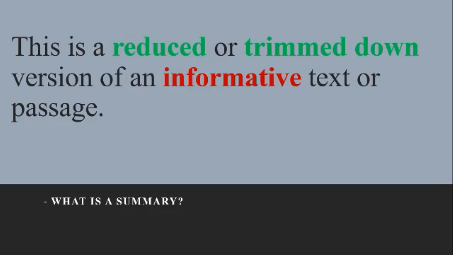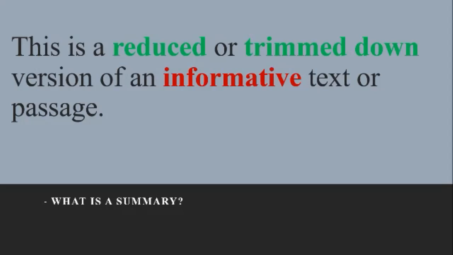Now, the same imagery is applicable to a summary. When you're writing a summary, you are focusing strictly on relevant points and ignoring excess material. You are ignoring details, examples, opinions, comments, and extra pieces of information.